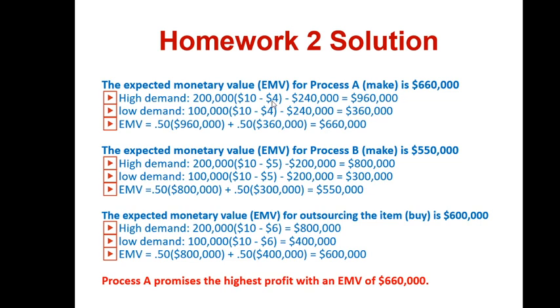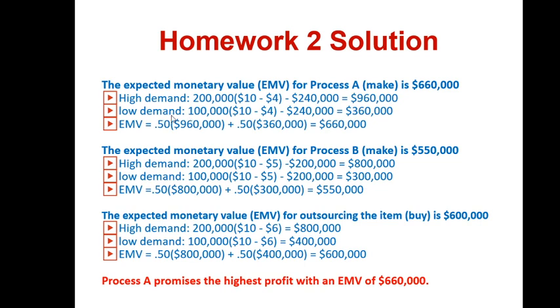In process A it is $4 only. So selling price minus cost multiplied by the number of units will give you the revenue, minus the cost of making process A internally. It will cost us as a company 240,000. So we have a net in high demand of $960,000.